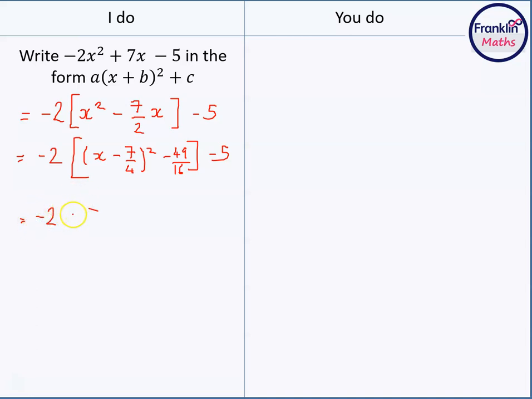Last step then, well, second to last step really, is to get rid of these square brackets. So multiply that 2 by that bracket and 2 by that fraction there. So we're going to end up with minus 2x minus 7 over 4 squared.